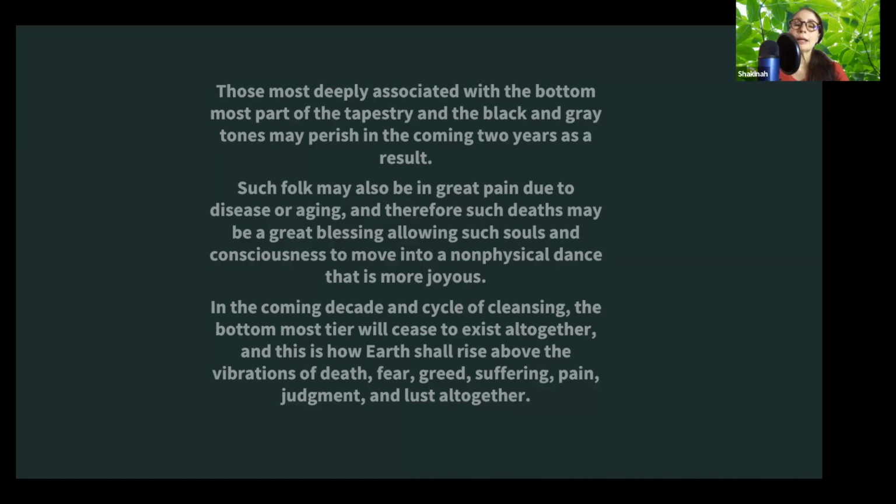In the coming decade and cycle of cleansing, the bottommost tier will cease to exist altogether, and this is how Earth shall rise above the vibrations of death, fear, greed, suffering, pain, judgment, and lust altogether.